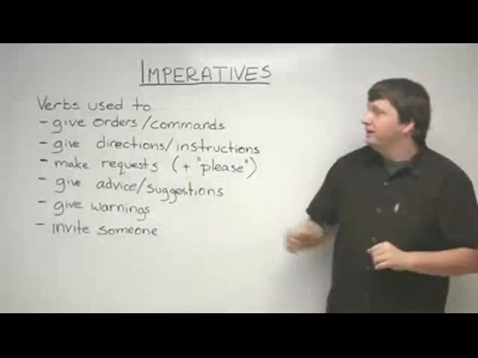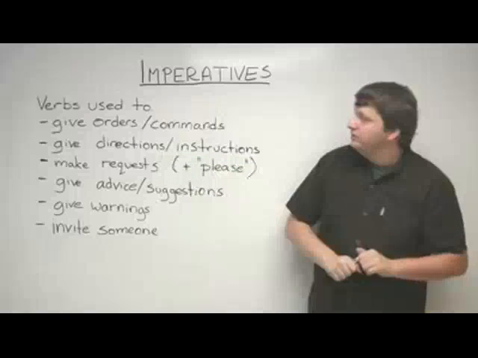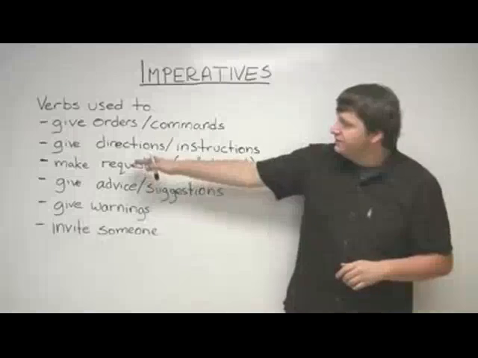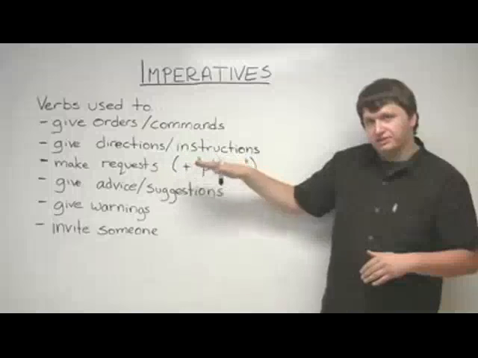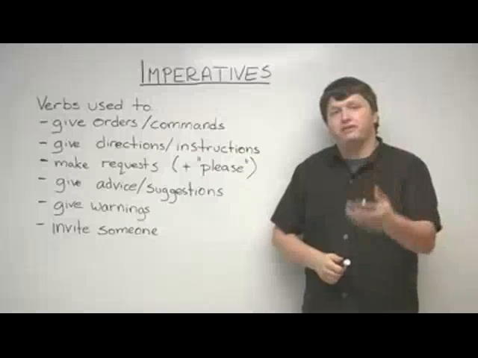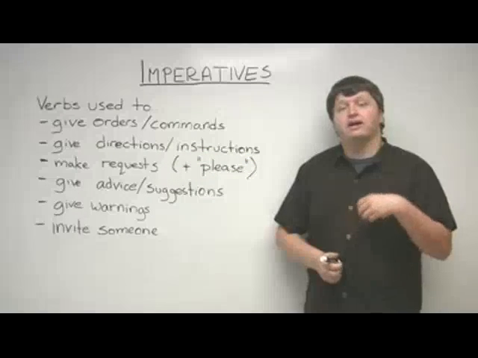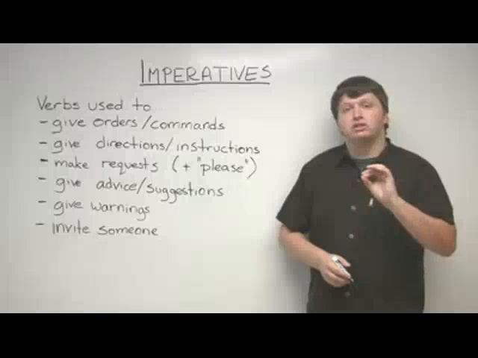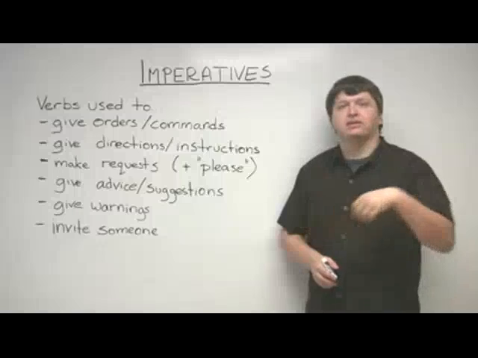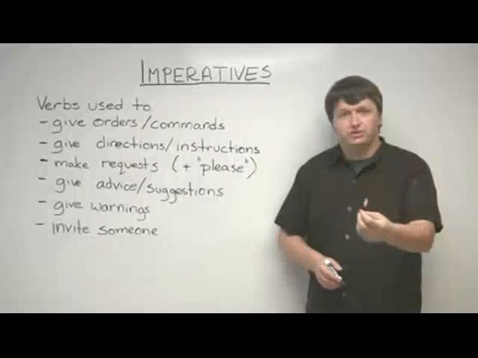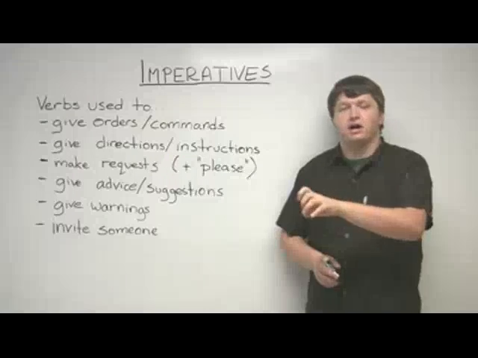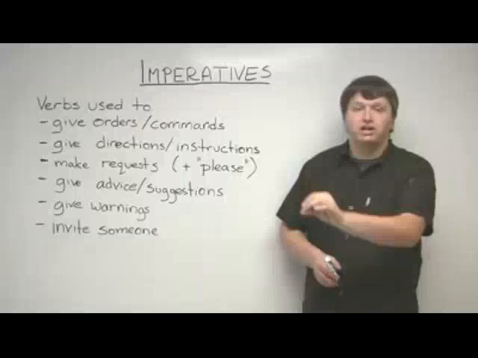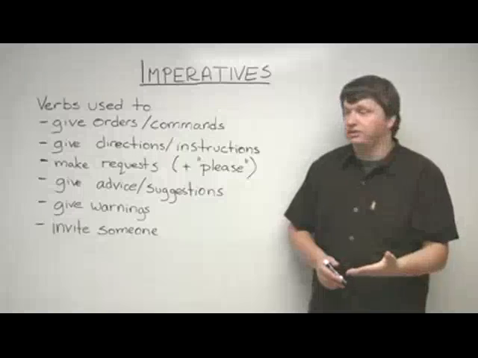Okay? Let's look at the second use of imperative, and that is to give directions or instructions. So for example, if you are giving directions to someone on how to get to your home, you would tell them, go straight on John Street, turn left on Main Street, turn right on King Street.